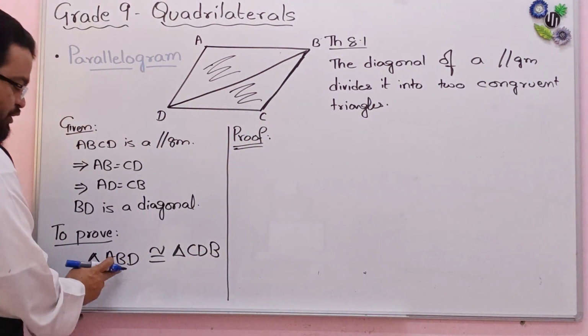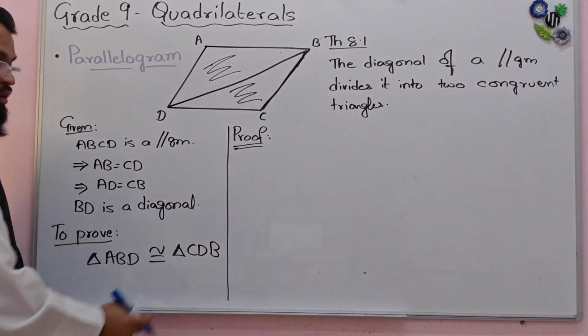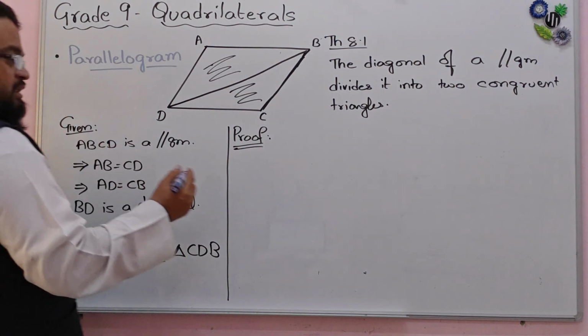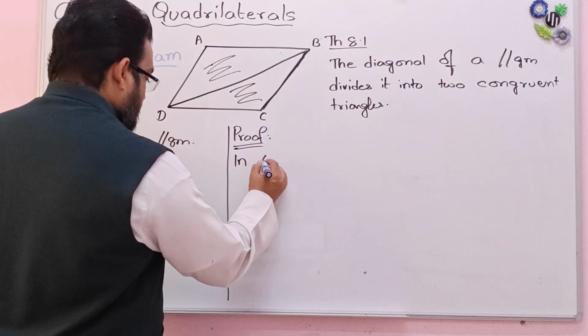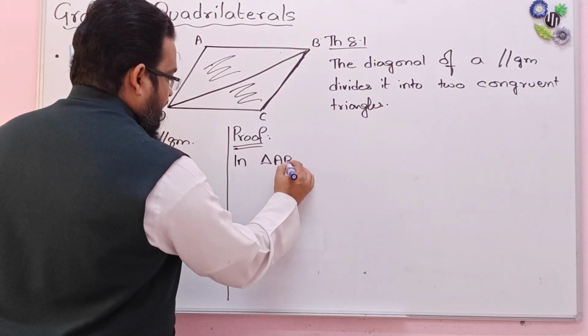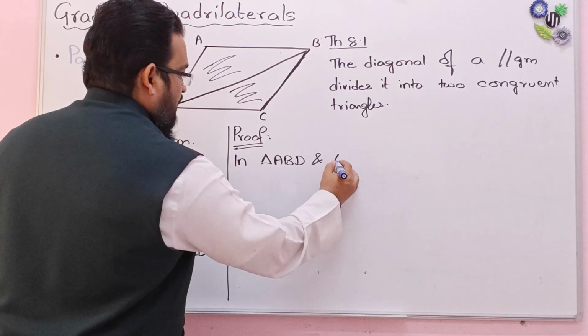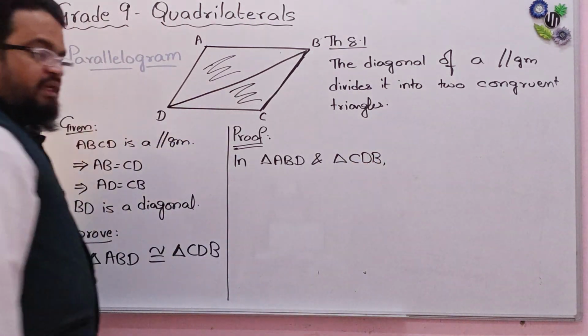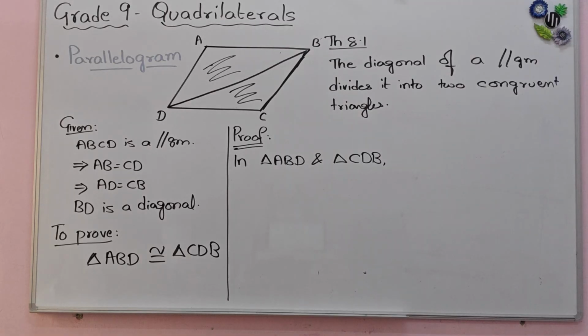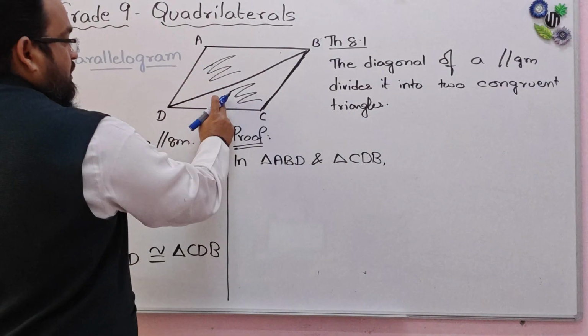So whenever you have to prove the congruency, take those two triangles and try to find out equal parts. So in triangle ABD and triangle CDB, try to find out equal parts in these two triangles.